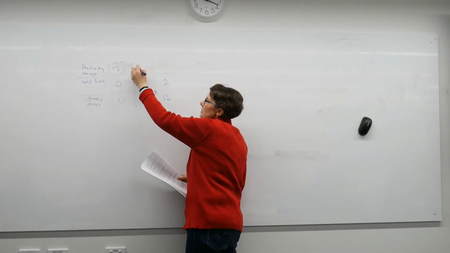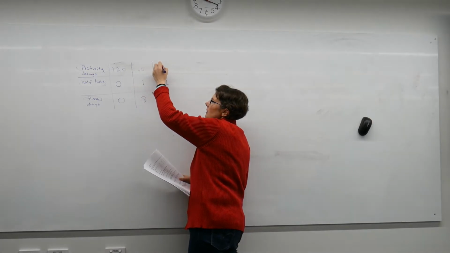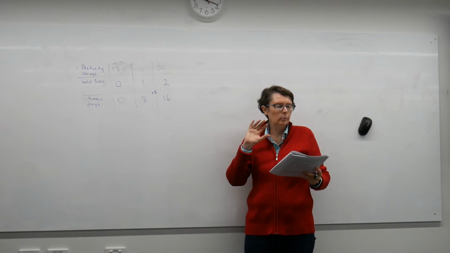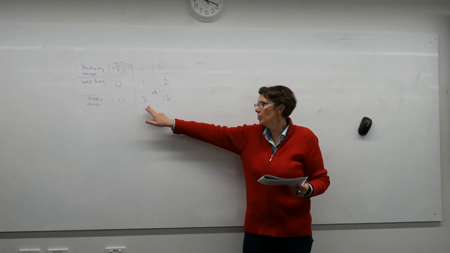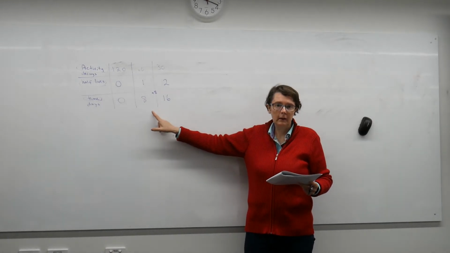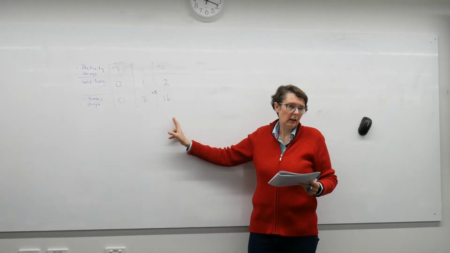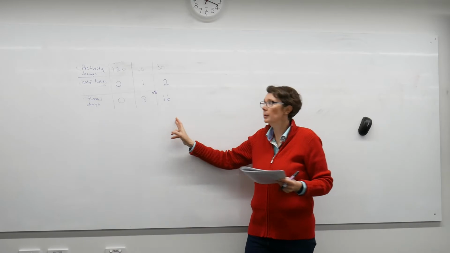So this would then be 60, and this would then be 30. Some students get a little bit confused and double the time. We don't double the time, we just add the half-life time on down the bottom here.